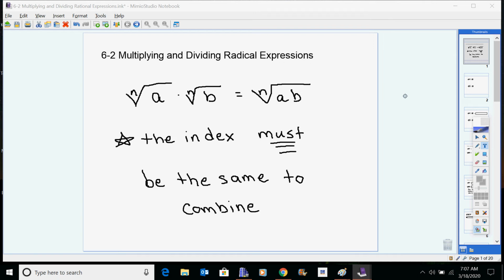And so off we go on chapter 6, section 2, about multiplying and dividing radical expressions. Remember, a radical is this symbol right here, and n is our index, and these numbers in here would be our radicands.